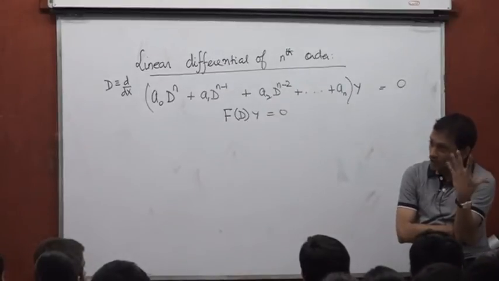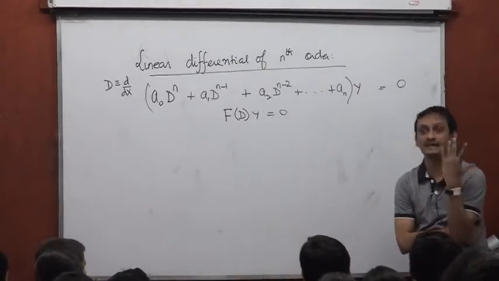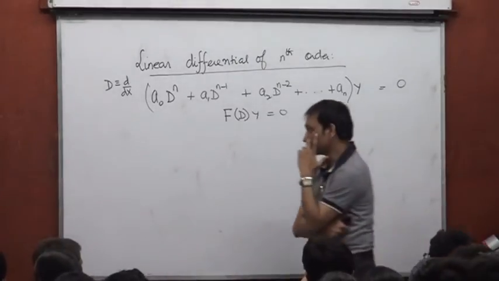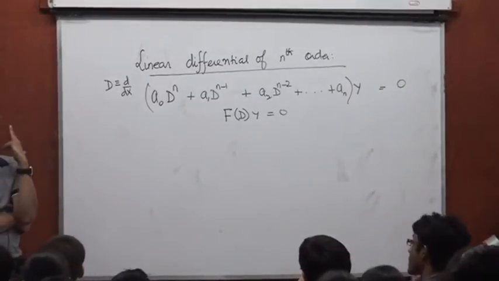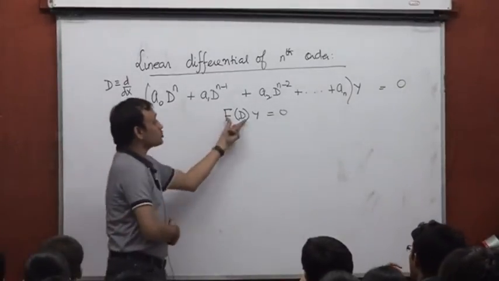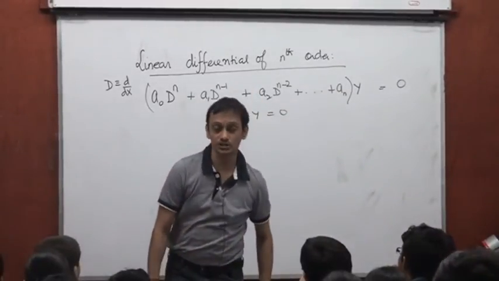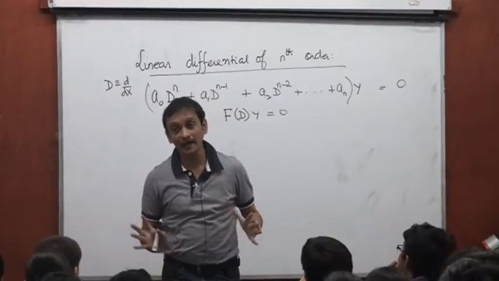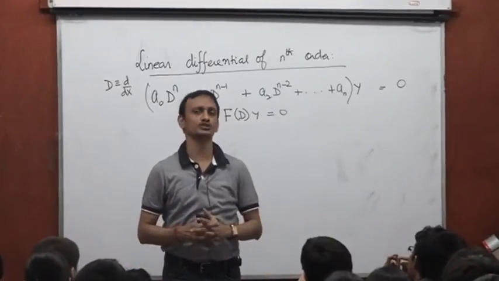If I can find an m for which, when this operator acts on e power mx, it vanishes, then I have something to start with as far as the solution is concerned.